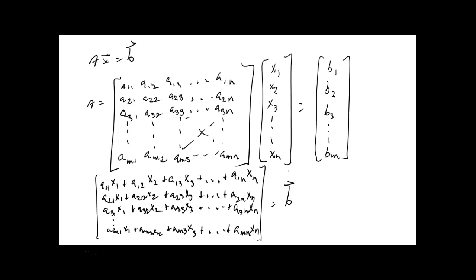Now, if you'll notice, these are the things that add together to form that B, but this first column here has a common X1 everywhere, right? So you can take out this first column of your coefficient matrix and multiply it by x1, plus your second column of your coefficient matrix multiplied by x2, plus your third column times x3.